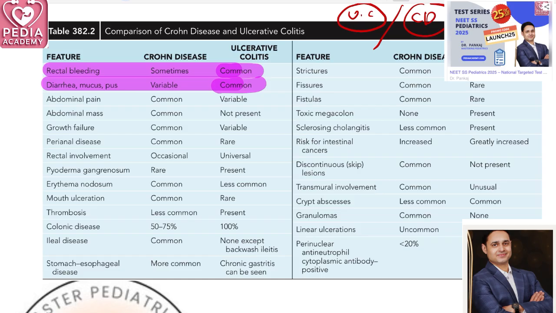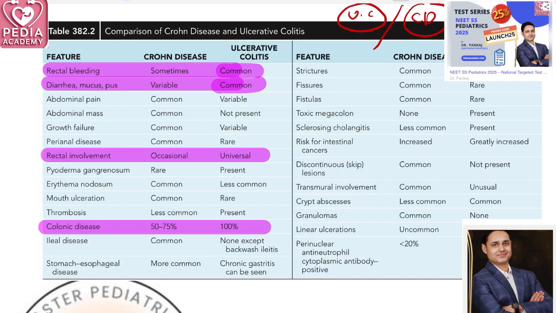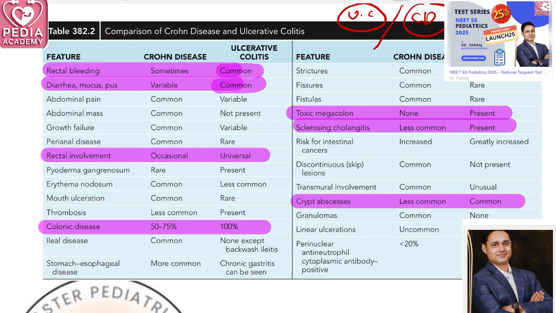Rectal involvement is universal in ulcerative colitis. Colonic disease is present in 100% of patients of ulcerative colitis. Toxic megacolon is seen in ulcerative colitis. Sclerosing cholangitis is mostly seen in ulcerative colitis. Risk of colon cancer is increased. Crypt abscesses are common, linear ulceration is common, and P-ANCA antibody positivity is seen in 70%.